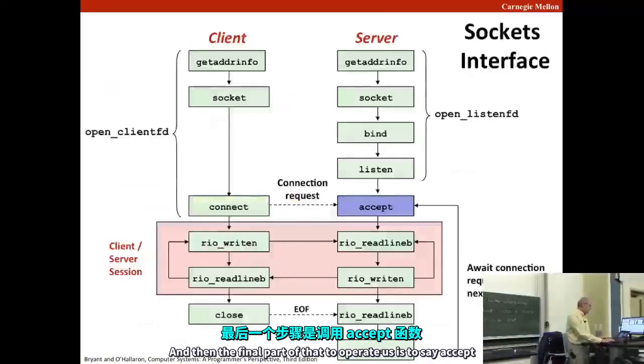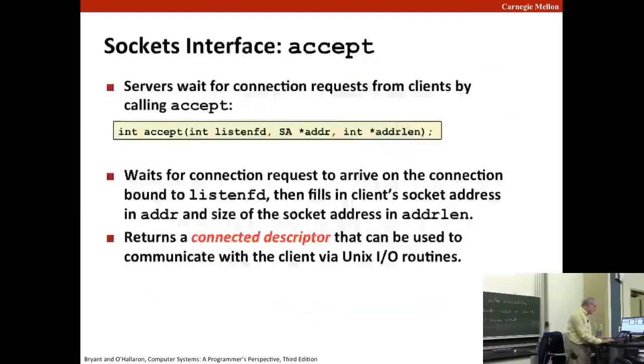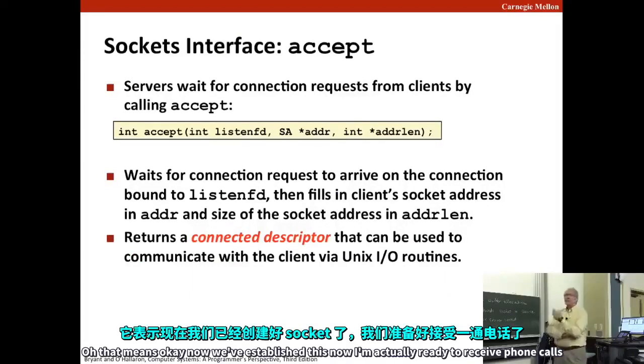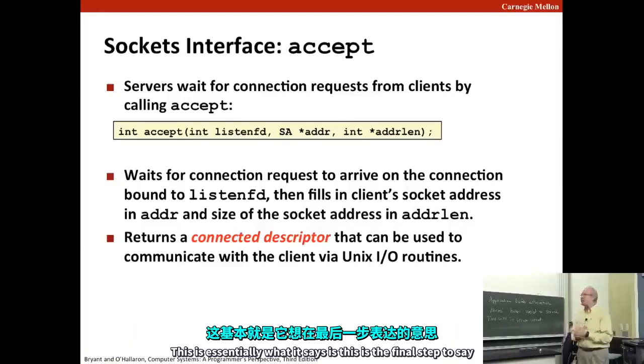And then the final part of that to operate is to say accept. That means, okay, now we've established this. Now I'm actually ready to receive phone calls, is essentially what it's saying.